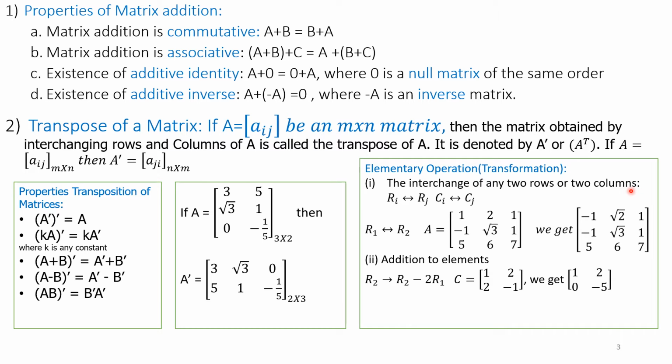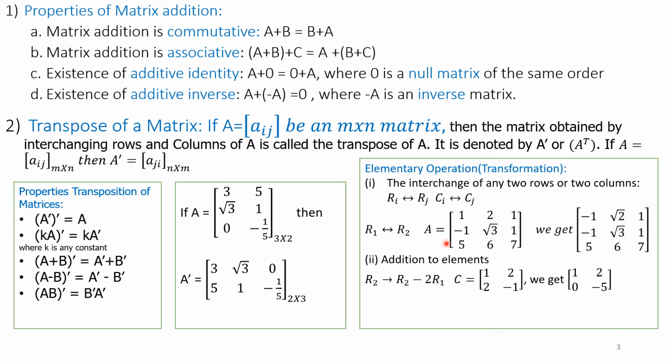That means in a matrix, we can interchange 2 rows. If we are interchanging row 1 by row 2 or row 3 or any other, we write Ri double arrow Rj. For example, if we are interchanging row 1 by row 2, it is written as R1 double arrow R2.